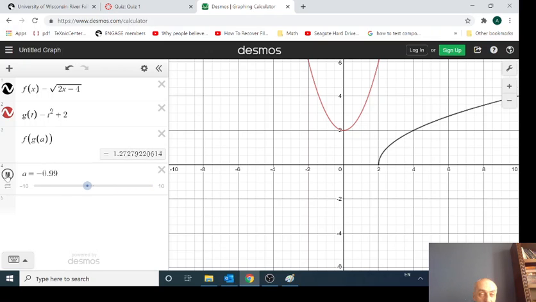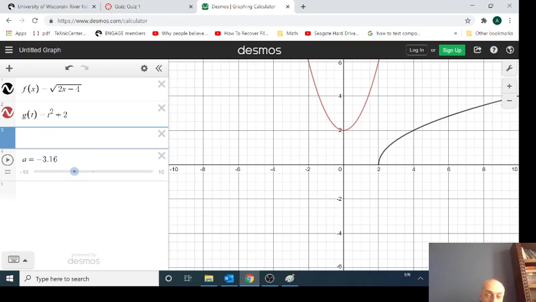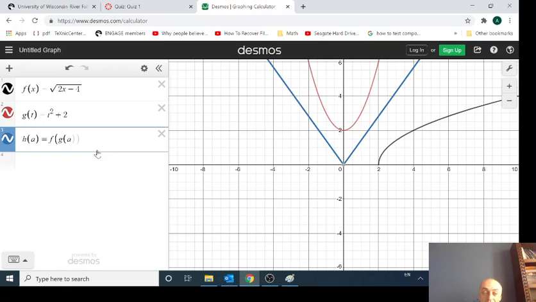No, we don't want the values actually, so hang on a second. Here we go, folks. Let's close this thing here. Let's define a function h of a, which is equal to f of g of a. And there we go. That's the composite of the two, and it's the blue function here.